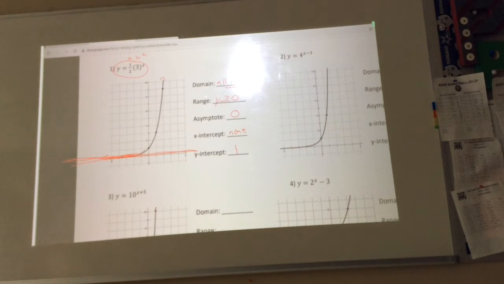So literally, you're going to type in y equals 1 divided by 2 times 3, then you're going to use that little caret, then you're going to put the x as your exponent. And then hit graph. So again, nothing's changing. We're still able to graph all of these pieces out. We're still able to get them onto our calculator if you're just given the equation and graph it from there.